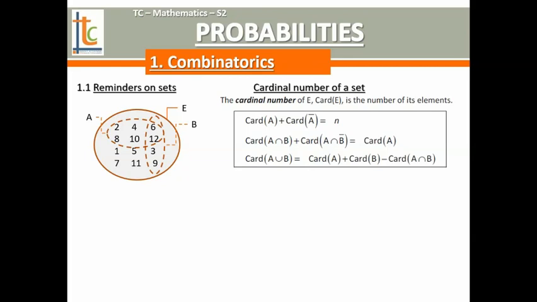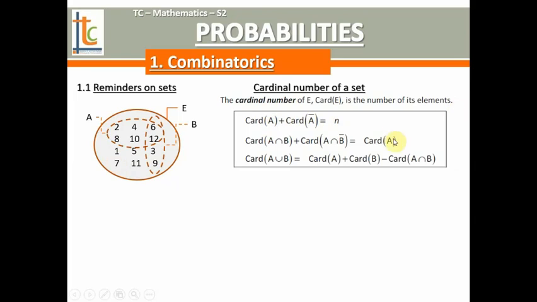What I'm calling n is the global number of elements in the global set E, so it's the cardinal of E. Indeed, the number of elements in A plus the number of elements outside A equals the total number of elements. You can see in the graph that there are 6 elements in A, 6 elements outside, and 6 plus 6 equals 12. That's as simple as that.